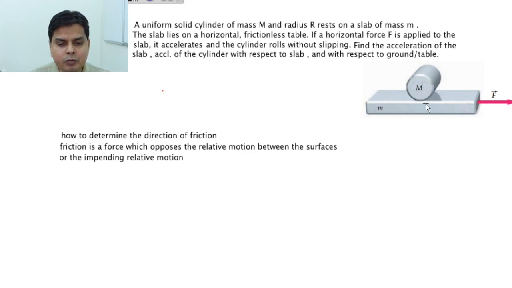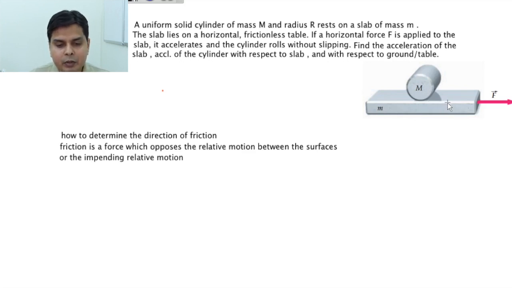So you see in this case, this force F is pulling the slab towards right. If there is no force of friction between these two surfaces, what will happen? This cylinder will remain as it is, remain here, and this slab will move forward towards right direction. Now for finding relative motion, I will observe this cylinder sitting on this slab.